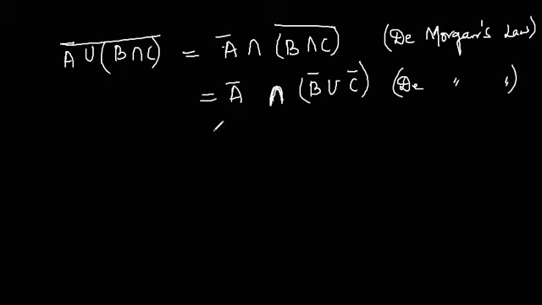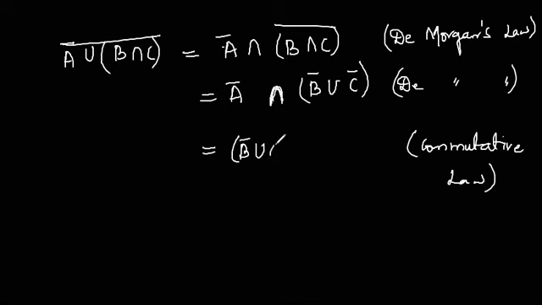Now, after that, since we have it in the form of the bracket first, we can use commutative law. Commutative law is basically rearranging. So B complement union C complement intersection A complement. Again, this was commutative law for intersection.